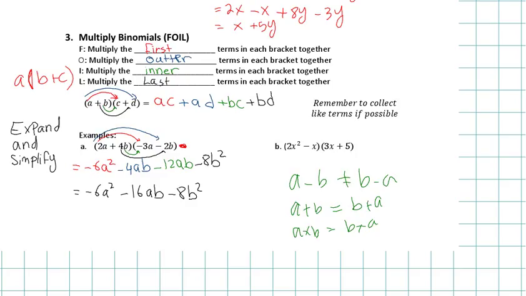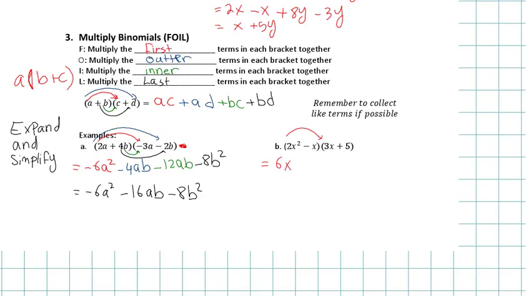Okay, let's do that one together. What do I multiply first? 2x squared by 3x. So that's my first. That's going to be 6x cubed. Then my outer: 2x squared times 5, that's going to be 10x squared.